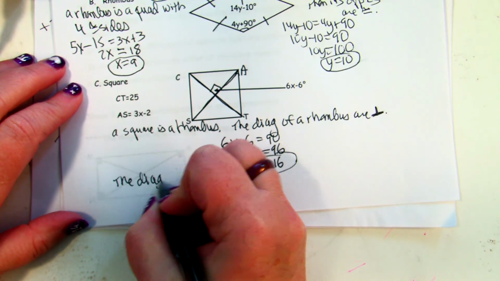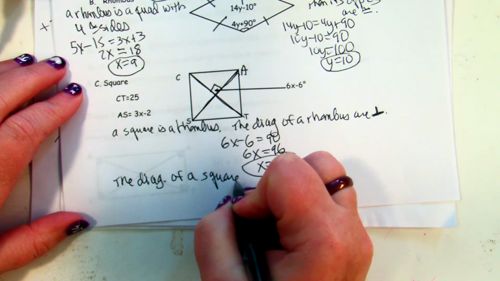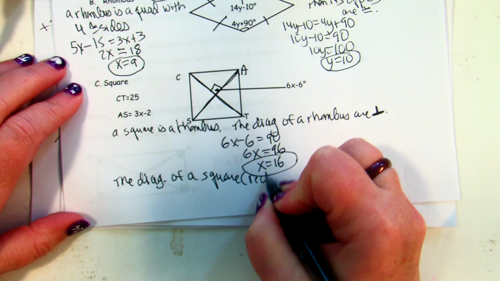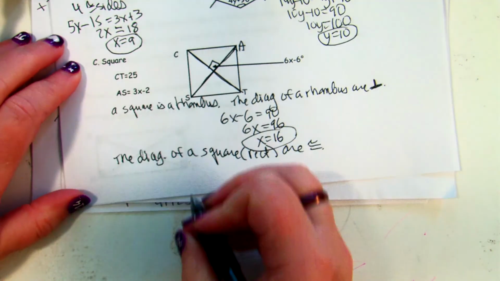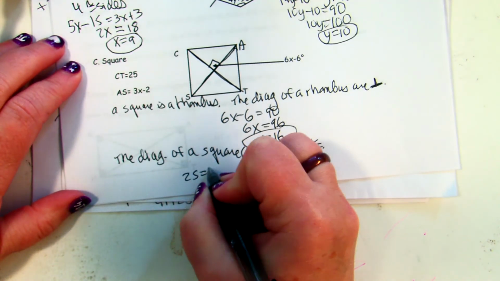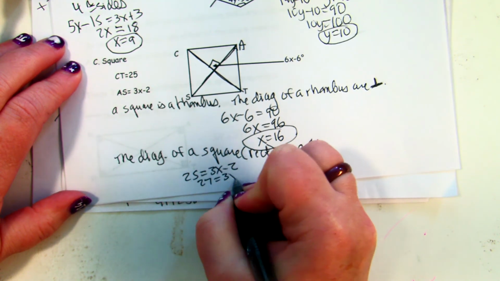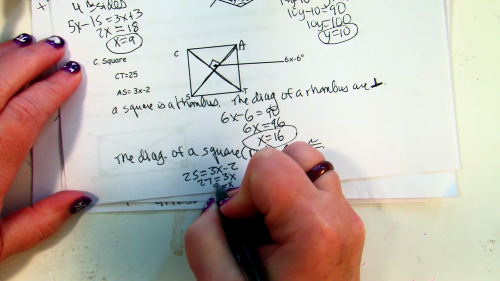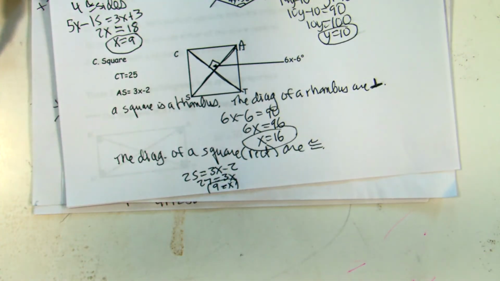The diagonals of a square, and I'll put rectangle in parentheses, are congruent. So that means 25 equals 3x minus 2, 27 equals 3x, x equals 9. Pretty easy algebra problems to do.